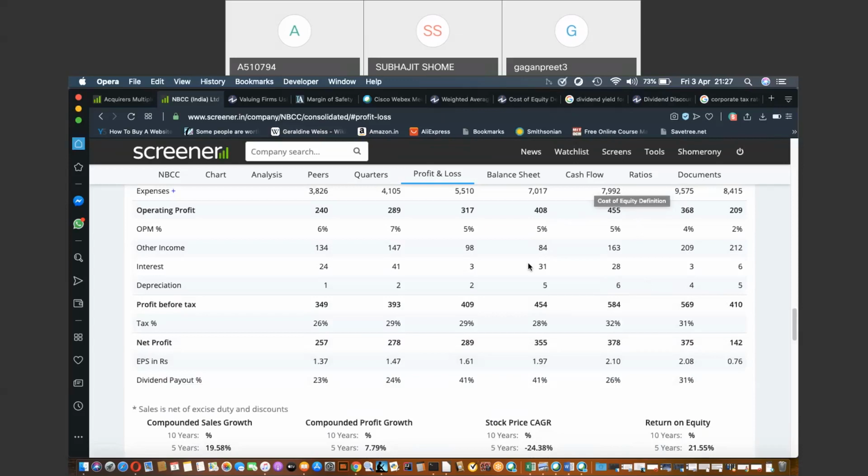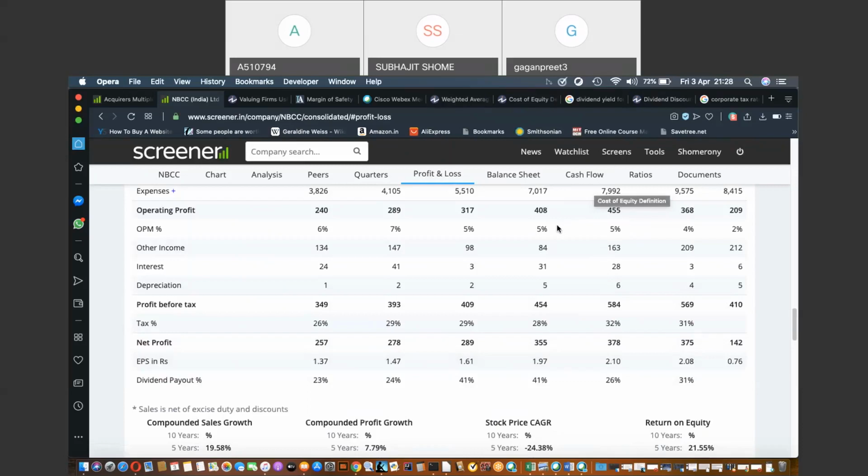You need to subtract 1 minus 0.25, so it will be 612 into 0.75. Kindly calculate. It is 459.